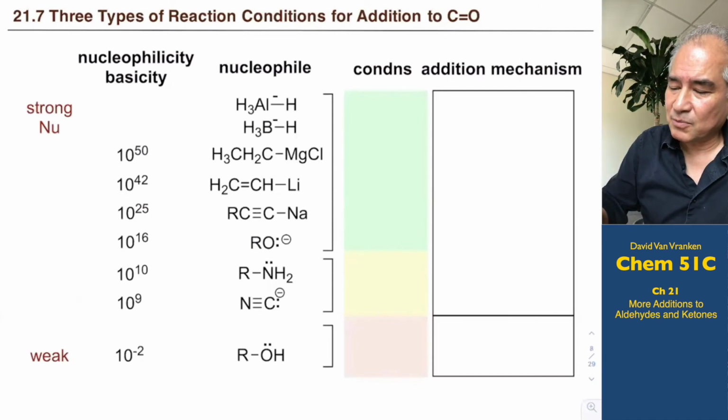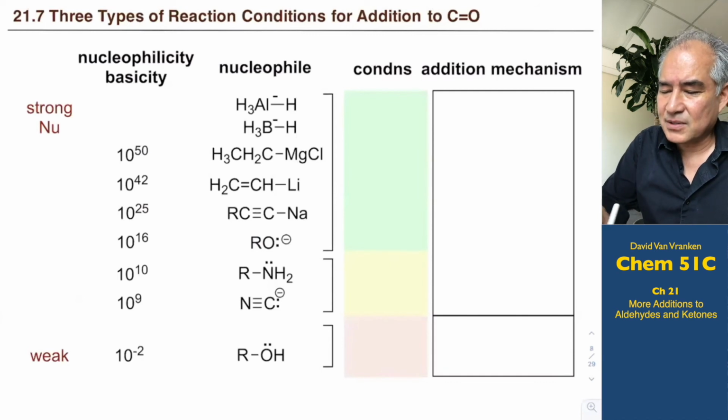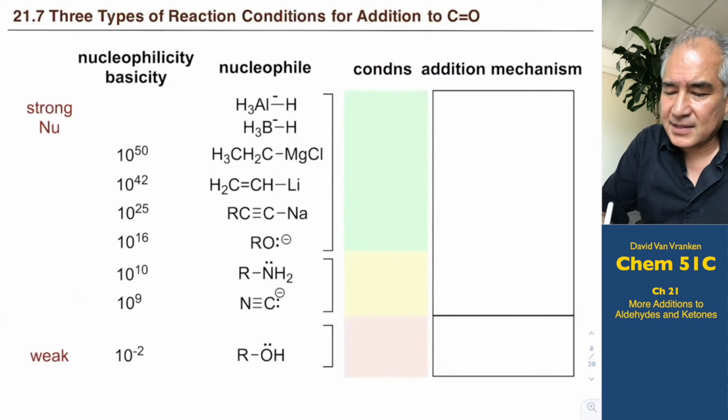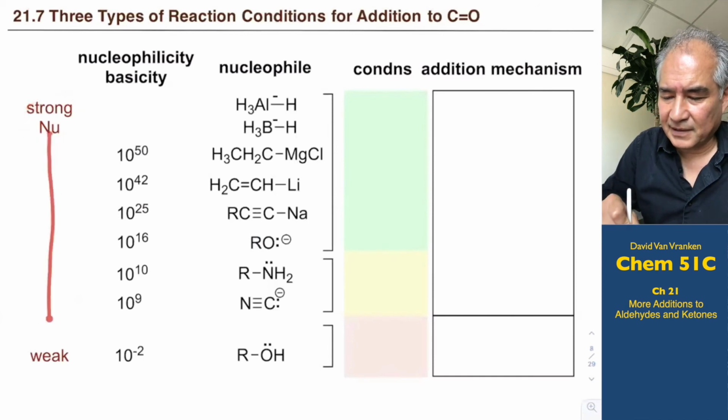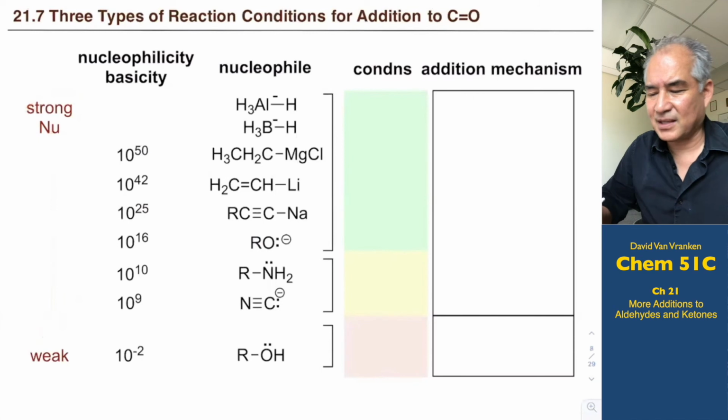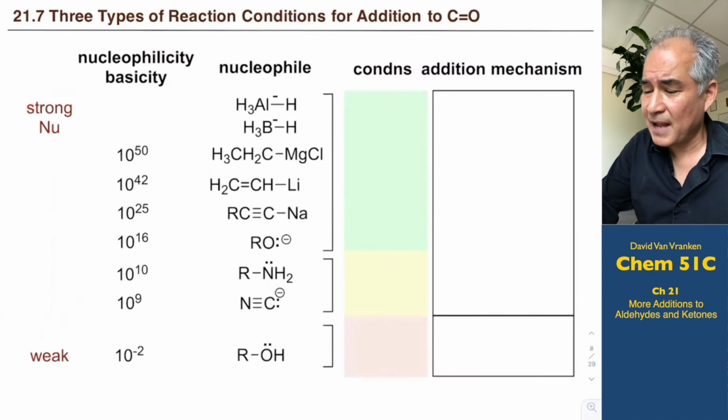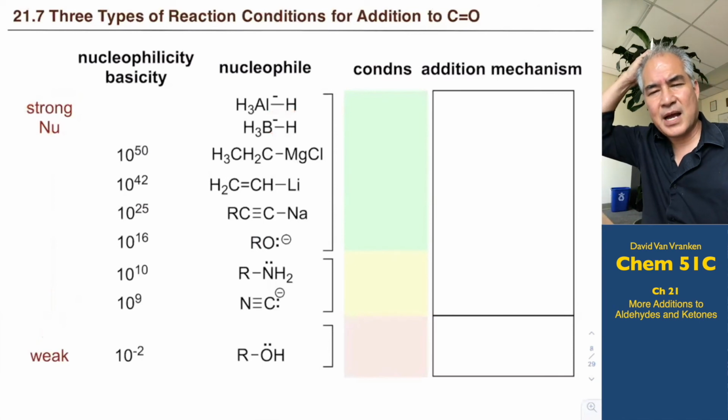Now, some of the most reactive nucleophiles that we have to think about are alkyllithiums. Up here at the top of this list, I've arranged these in terms of decreasing nucleophilicity, starting off with strong nucleophiles at the top and weak nucleophiles at the bottom. We don't have good numbers for lithium aluminum hydride and sodium borohydride, those hydridoaluminate and hydridoborate reagents.